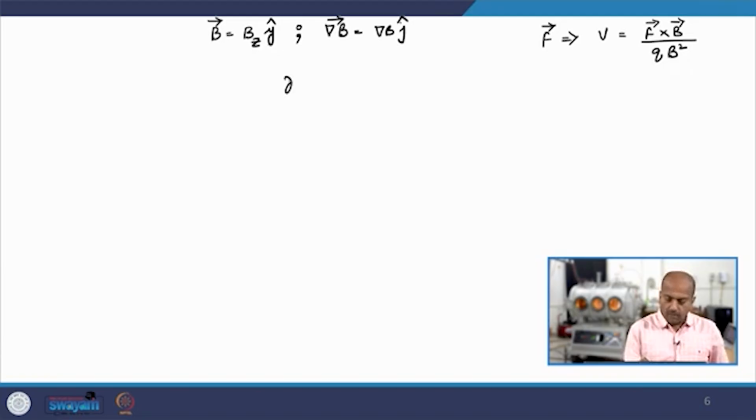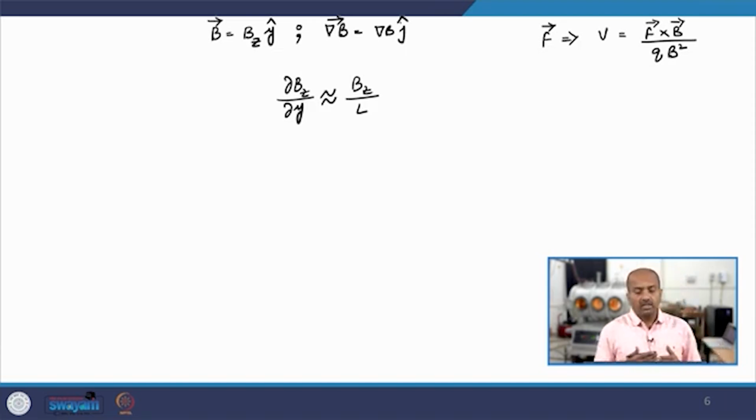So, we have dou B_z by dou y can be approximately equal to B_z by L, or what this approximation says is that the rate at which the magnetic field changes with respect to the distance along y is approximately equal to the ratio of the strength of magnetic field over the distance L, where L is the length scale of inhomogeneity.